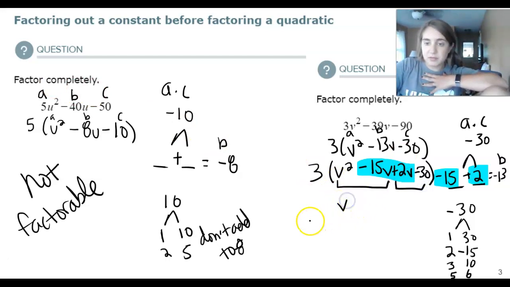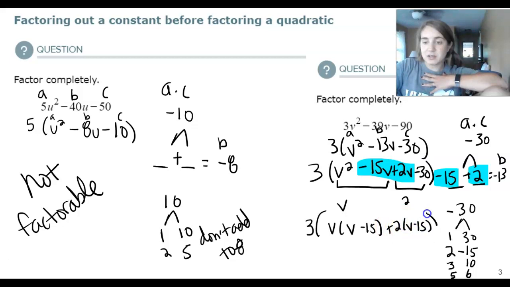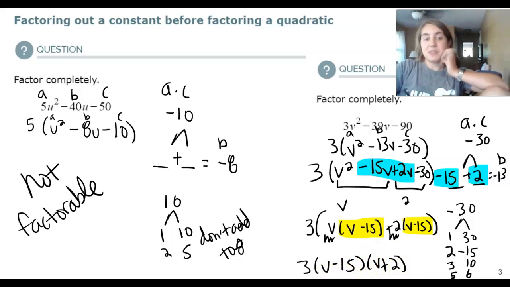I can pull out a b from that, so my 3 is still on the outside. I pulled out a b, and I'm left with a b minus 15. Pull out a 2, b minus 15. I have my matching, and I have my leftover. And that is what I end up with.